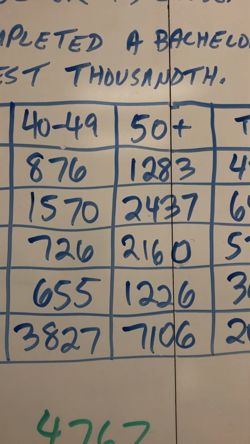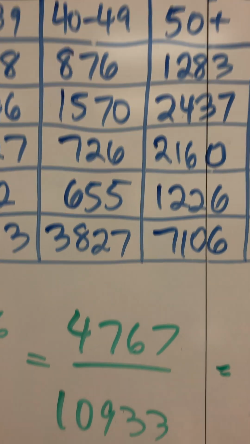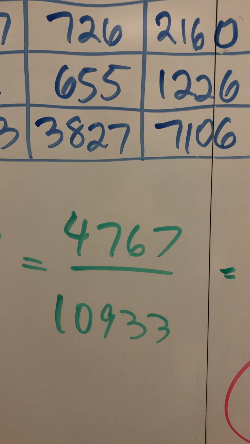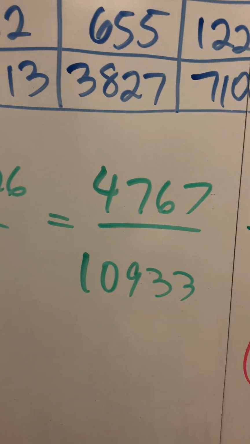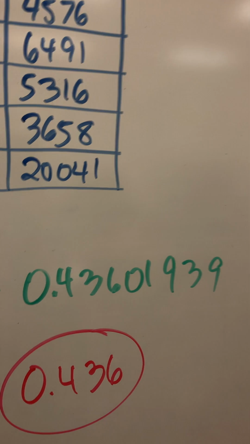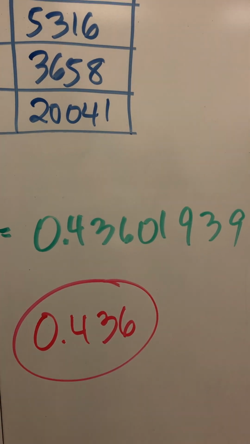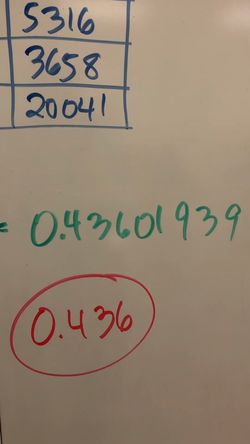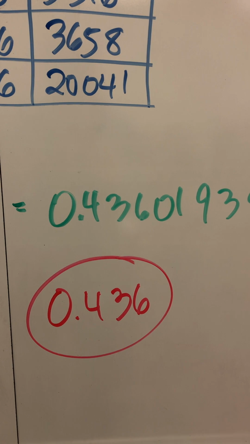Those have completed a bachelor's or a master's, okay? So when you add all those together, you get 4,767 divided by the 10,933. That gives you 0.43601939. Is that closer to 0.436 or 0.437? It's closer to 0.436. That's your answer, okay?